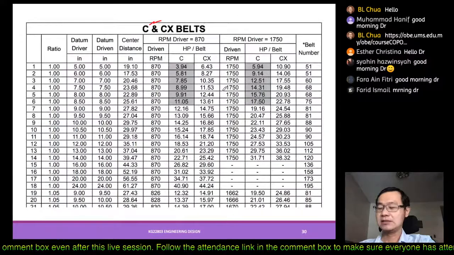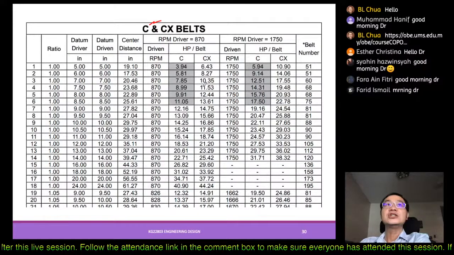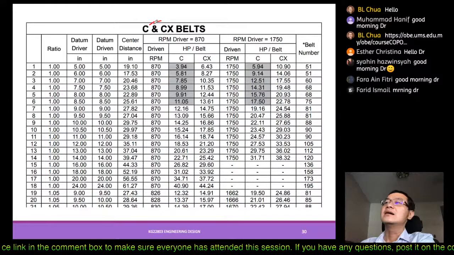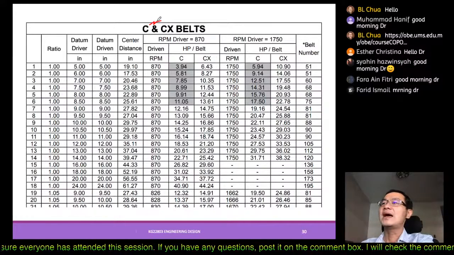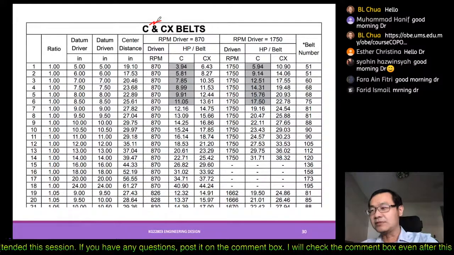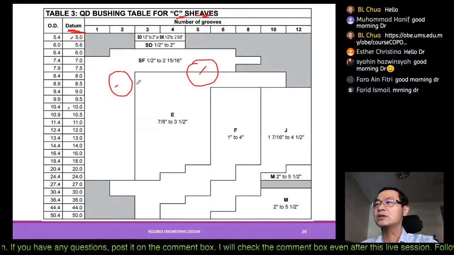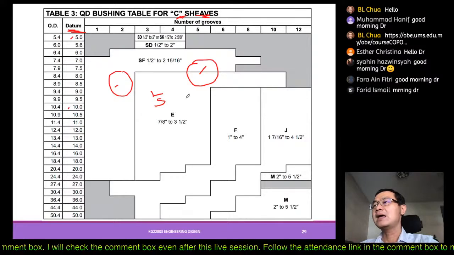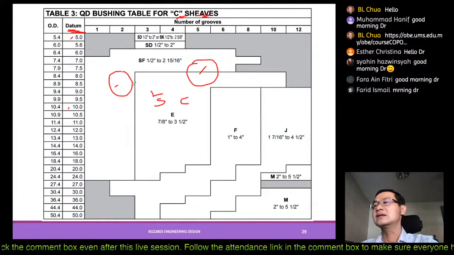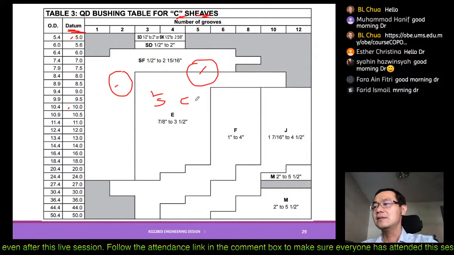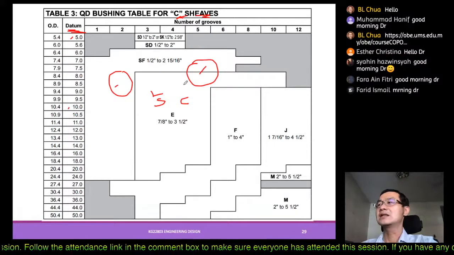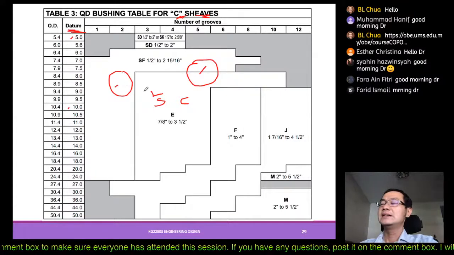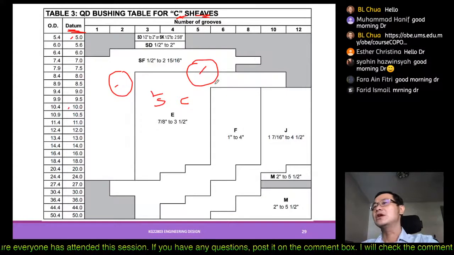Find the combinations, and now once we know the type, our challenge would be, before that, based on this ratio, you can now calculate the L, the span, the center distance. Based on the center distance, you can calculate many things from these selections of the diameter or the datum diameter of the shaft itself.